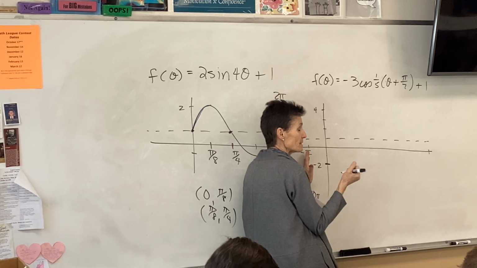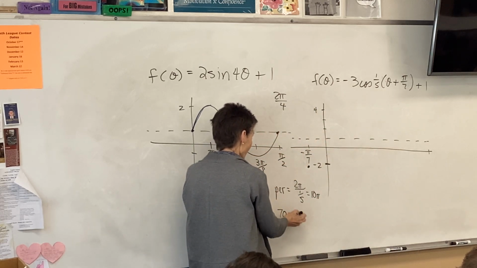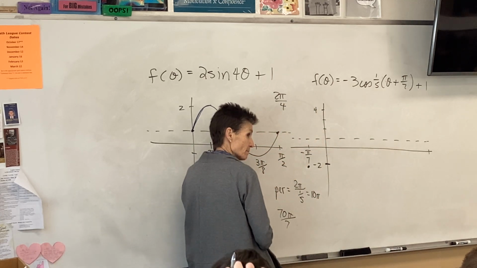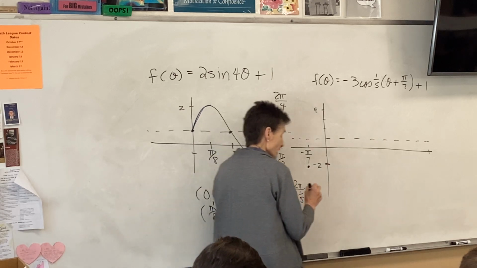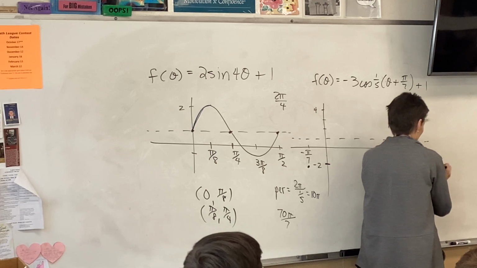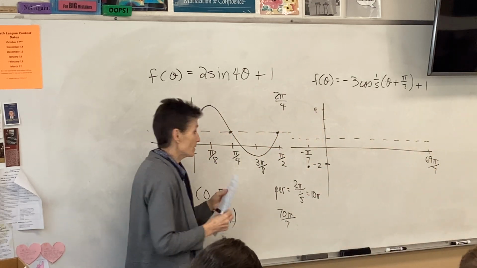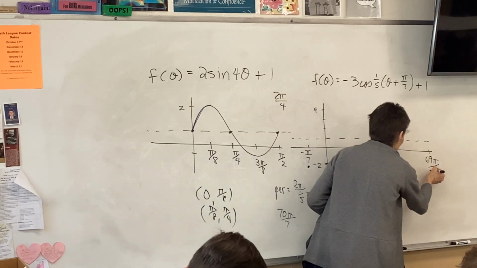Now you've got the right idea, but you need a common denominator. So that's 70 pi over 7, right, Quinn? So aren't I ending at 69 pi over 7? So starting there, ending there.